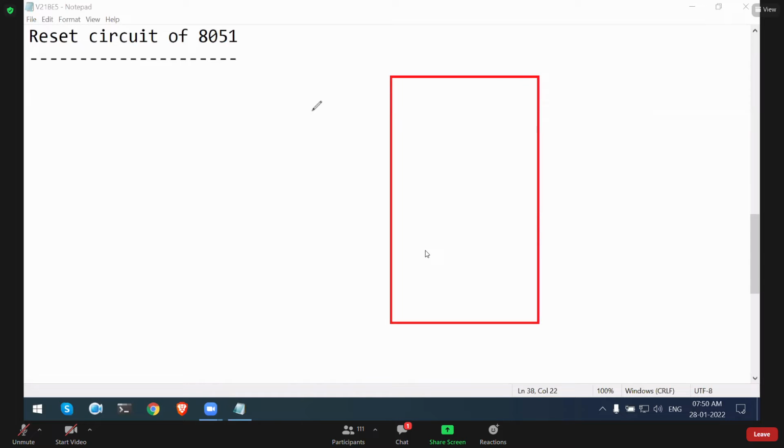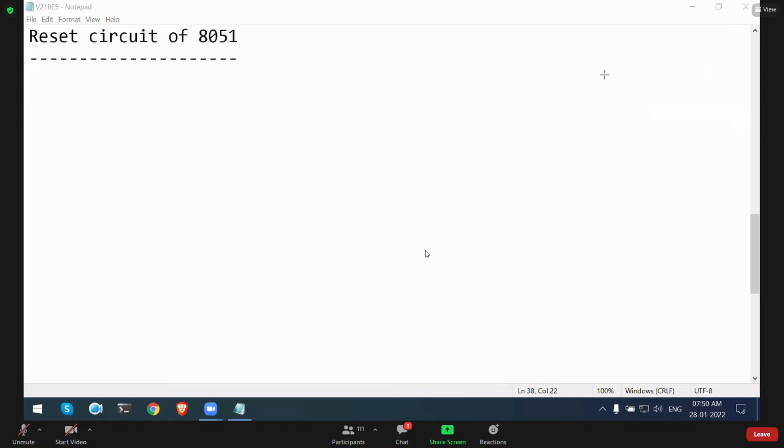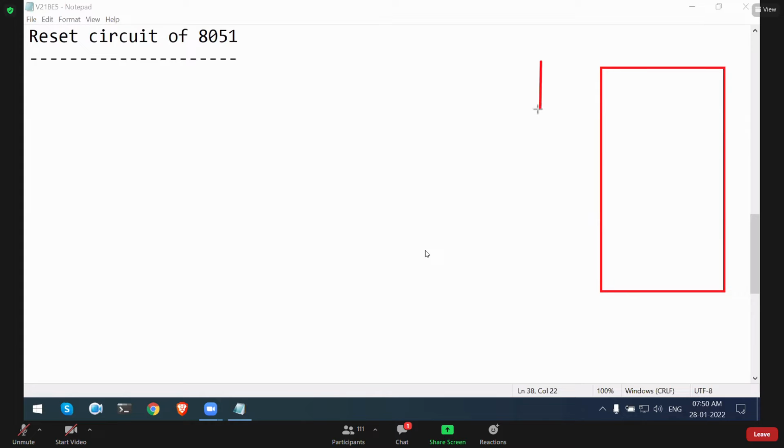There are 2 types of reset circuits available. Let me draw that reset circuit. The first reset circuit is power on reset.